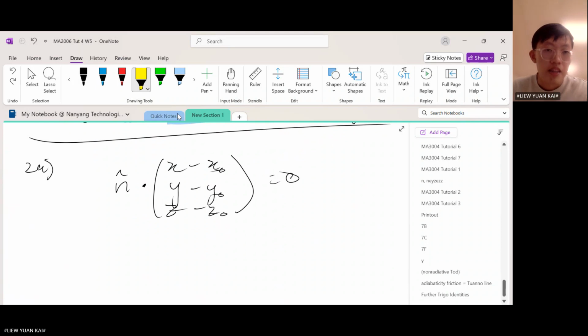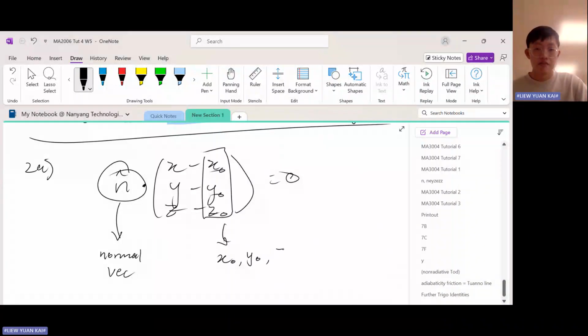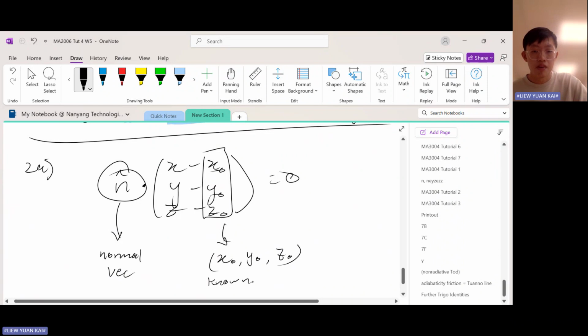Remembering this will help us tell what the ingredients to a plane are. Namely, this, which is the normal vector, and x naught, y naught, z naught, which is a known point on the plane.